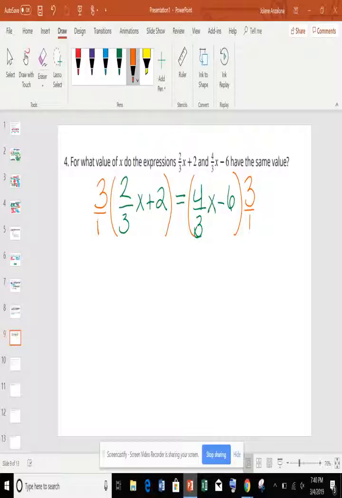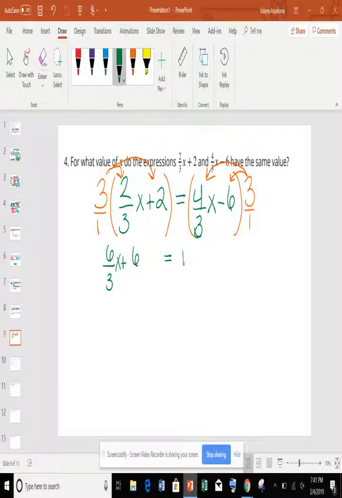As long as I do the same thing to both sides, I'm not doing anything wrong. And what's going to happen is the 3 is going to distribute inside. 3 times 2/3. Now you don't need to write it this way, but in case you need to see it, becomes 6 over 3 x plus 6.